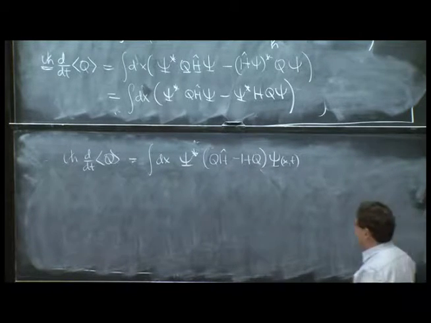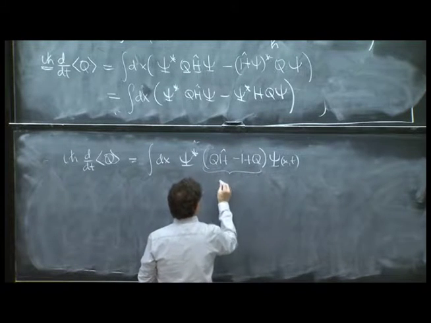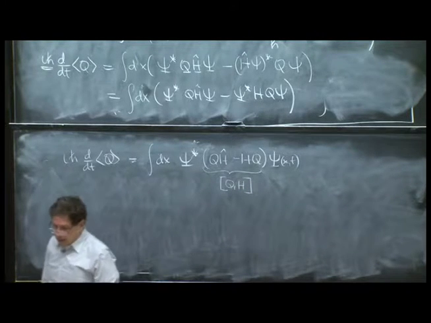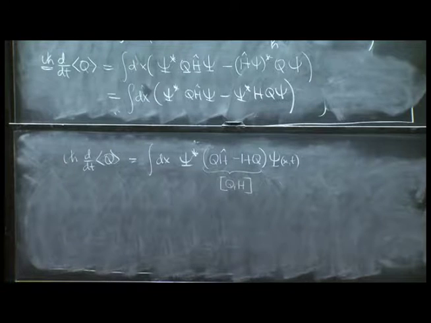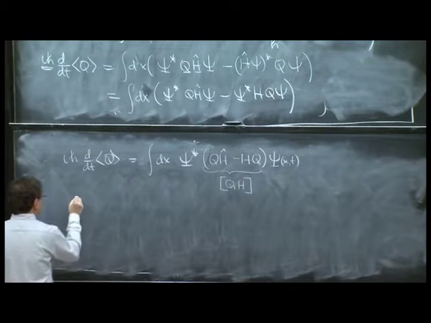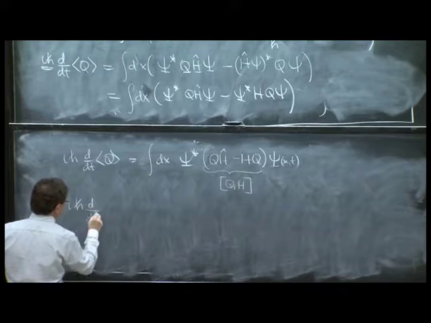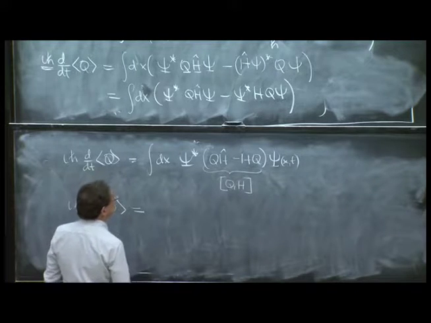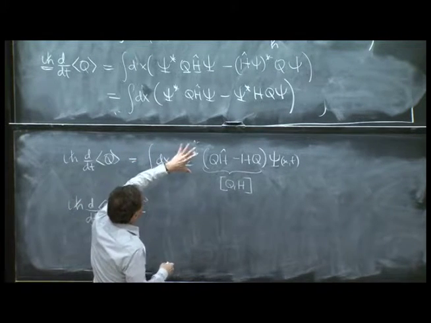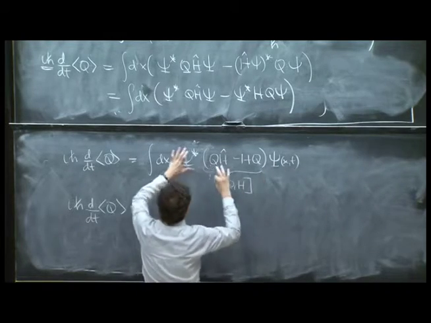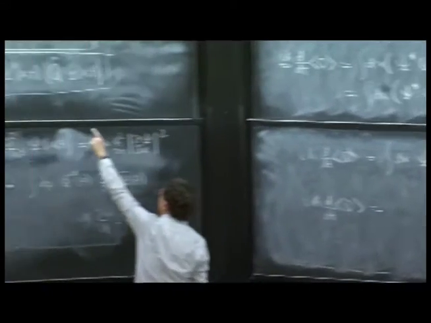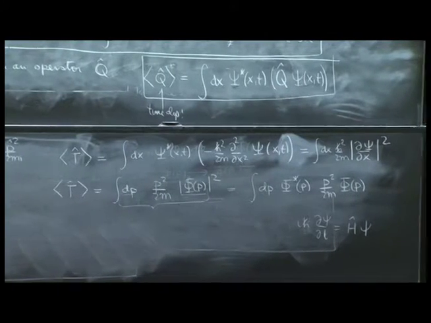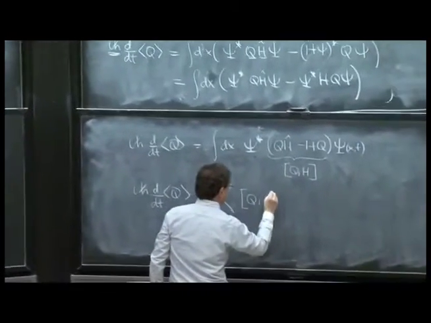Well, this is nothing else but the commutator of q and h. So our final result is that i h bar d/dt of the expectation value of q is equal to the expectation value of the commutator. Remember, expectation value of an operator, the operator, and think here. So this is nothing else than the expectation value of the commutator of q with h.